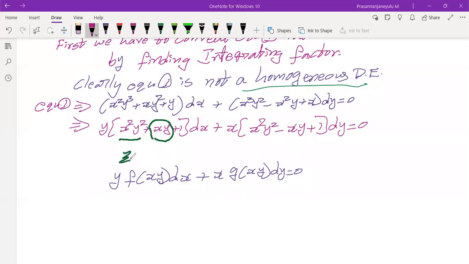So it will become, this is just rough work, z squared plus z plus 1. And in the same manner here, xy we are substituting as z, for example, z squared minus z plus 1. So everything is in functions of the z variable. That is nothing but everything is in functions of xy. Yes or no?